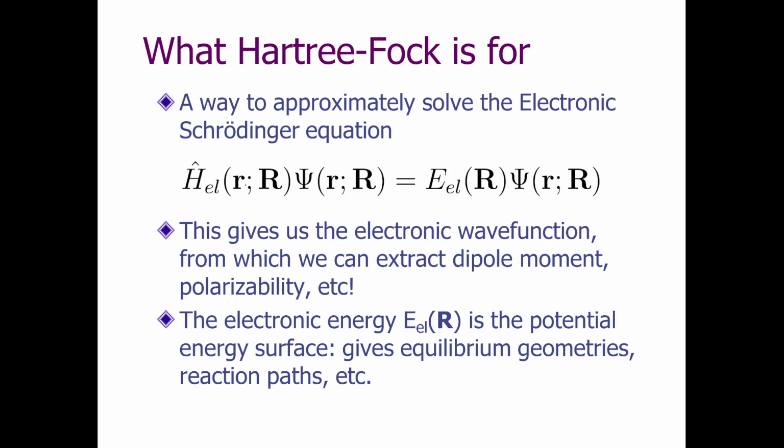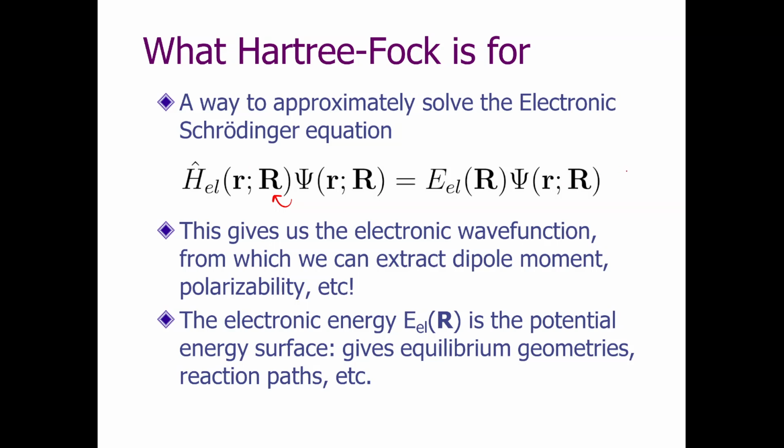Now, what does this R semicolon R mean? That means we are in the Born-Oppenheimer picture, where we have fixed the nuclear coordinates and then we are solving the electronic degrees of freedom. So we are separating out the electronic and nuclear degrees of freedom.